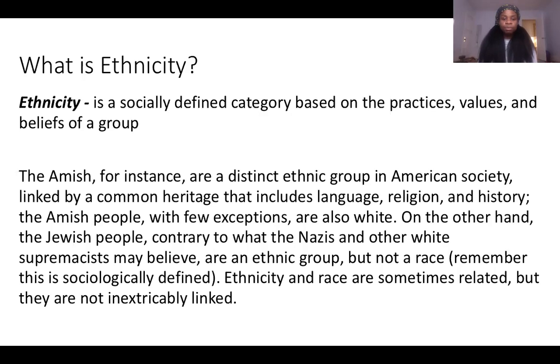The Amish people, with few exceptions, are also white. On the other hand, Jewish people, contrary to what Nazis and other white supremacists may believe, are an ethnic group, but not a race. Remember, race is a socially defined category. Ethnicity and race are sometimes related, but they're not inextricably linked.